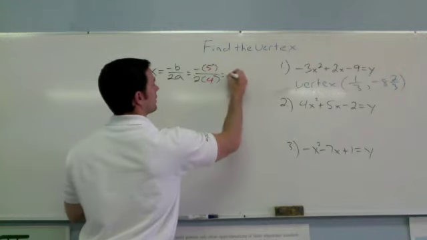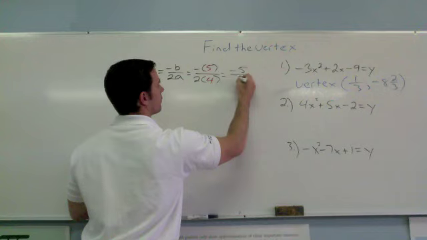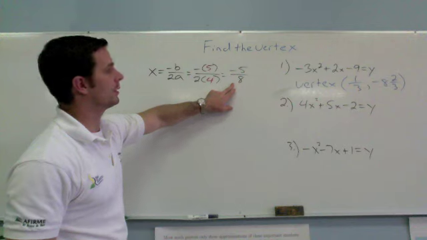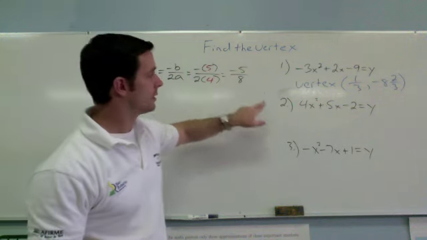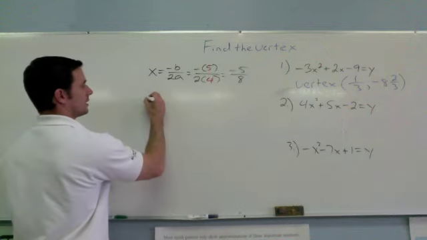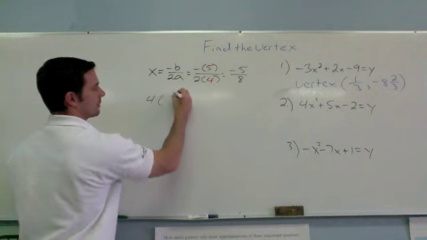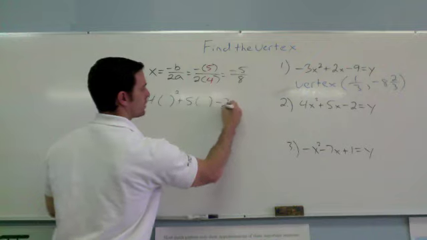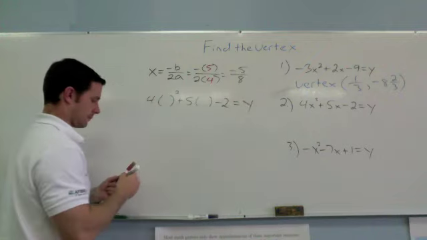That gives me negative 5 over 8. So here is my x value. I now take my x value, substitute it in for the two x's. So that's going to give me 4 times x squared plus 5 times x minus 2 equal to y.